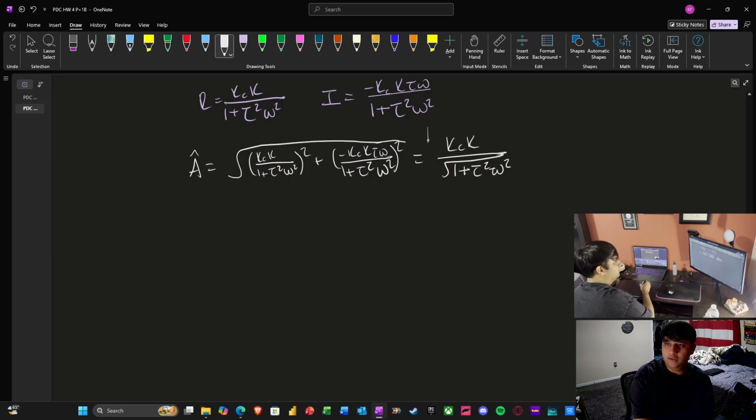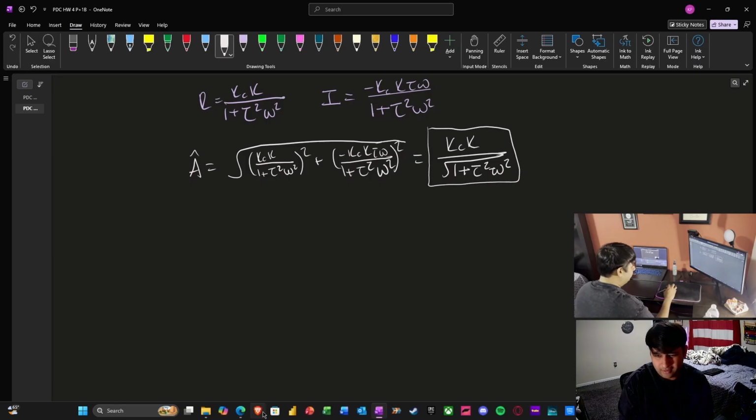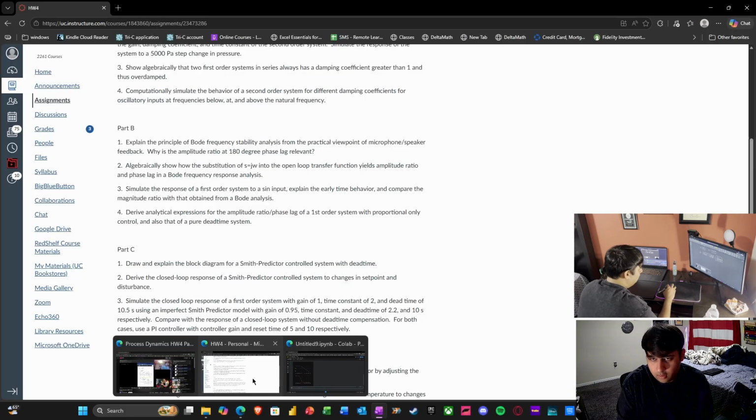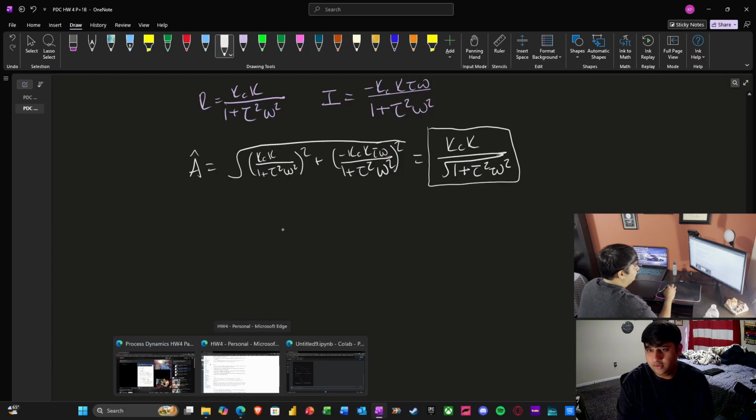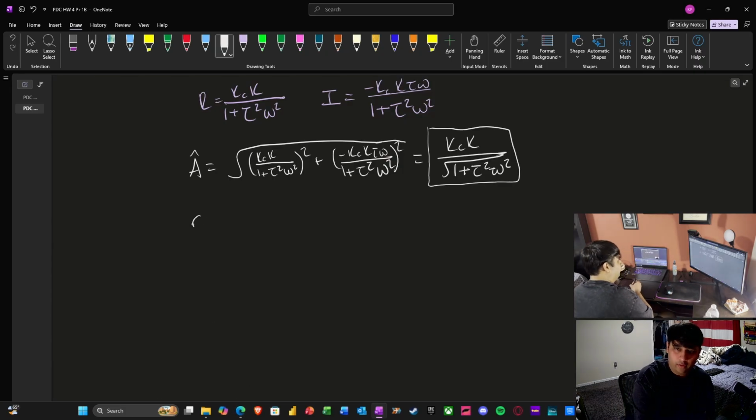And so this is our, I think it's called, amplitude ratio. Yes, so this is our amplitude ratio, and then our phase lag, which is arctan of I over R.